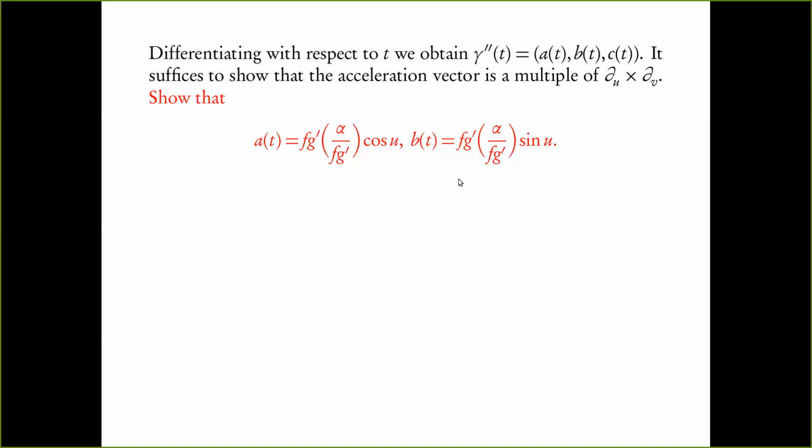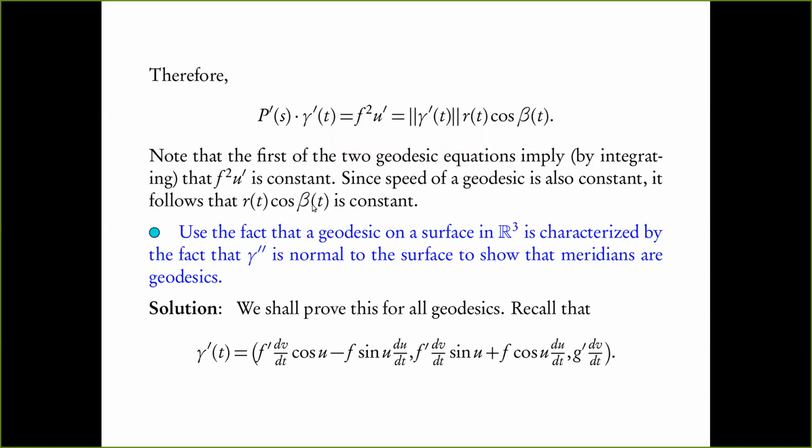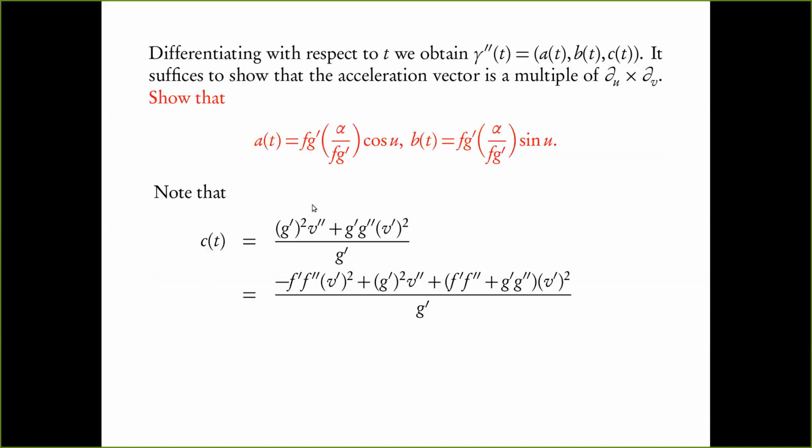So that's the reason for writing A and B in this form. Okay. So what about C of t? Well, for C of t, you have to differentiate the earlier one, which is g prime dv dt, right? So if you calculate C of t, this is what you get. Actually, the point is I'm dividing by g prime.